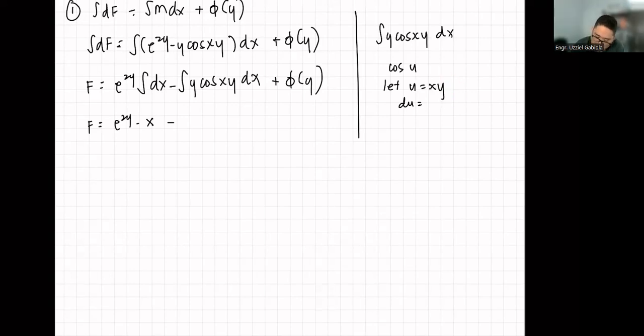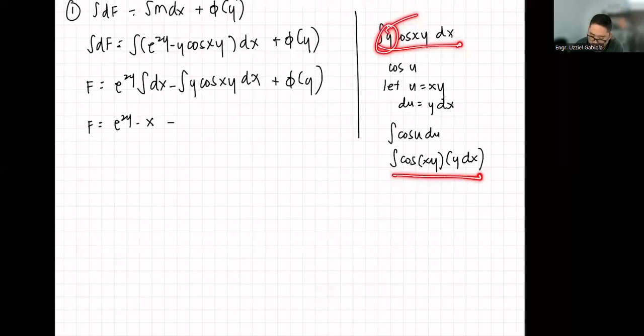So, this is y dx. Okay? So, kung meron tayong cosine u du, so that is cosine of xy, then du natin is y dx. So, is that the same nito? So, pwede natin pagsamahin itong dalawa, di ba? So, cosine xy, so ito yon y dx.